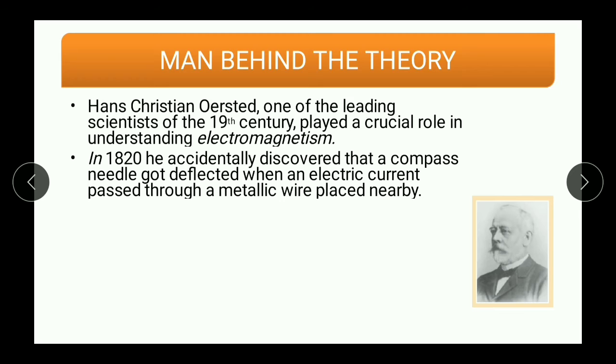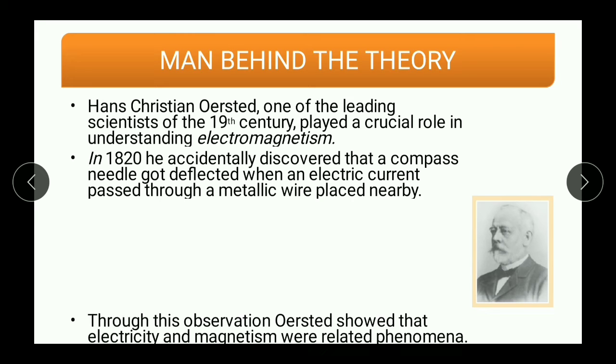In 1820, he accidentally discovered that a compass needle got deflected when an electric current passed through the metallic wire placed nearby. Initially, even he didn't realize why the magnetic needle was showing deflection, but eventually he realized that only when current flows through the circuit did it show a deflection.